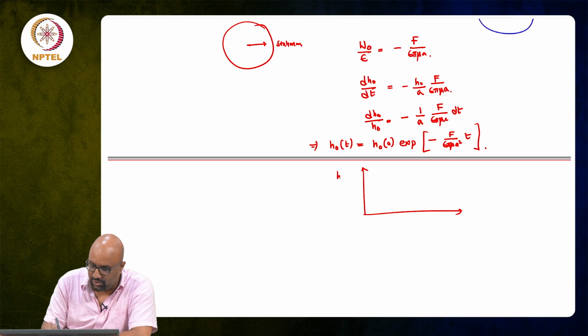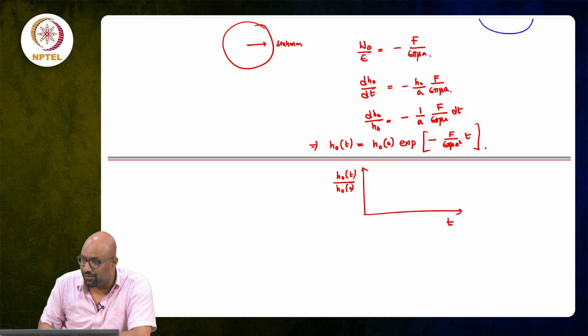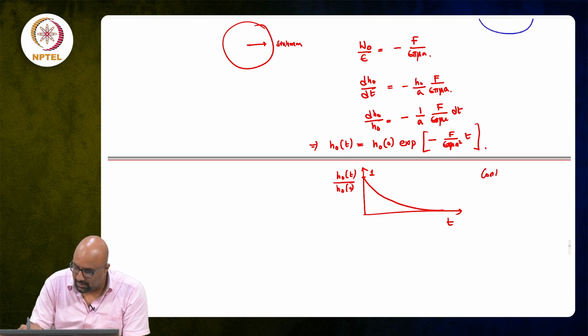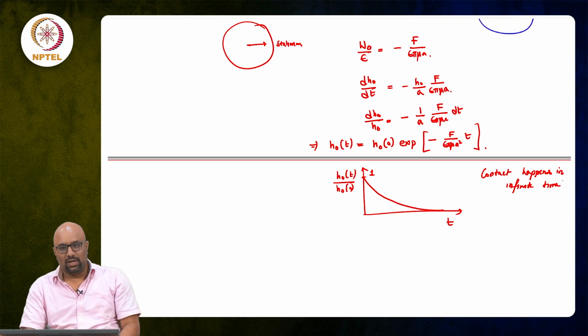If you plot H naught of t by H naught of 0 as a function of time, it will start from 1 and then decrease exponentially. So, when would it actually go to 0? Infinite time. So, contact happens in infinite time. Lubrication effects are so strong.